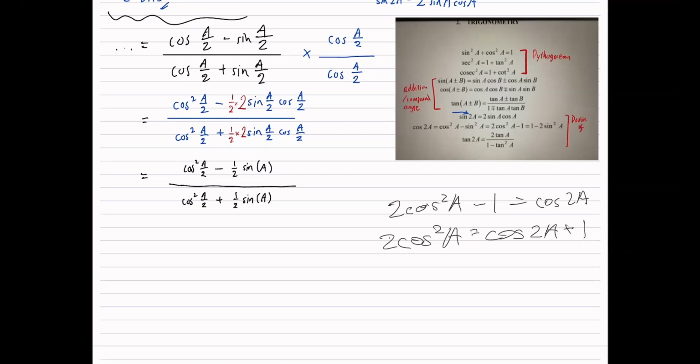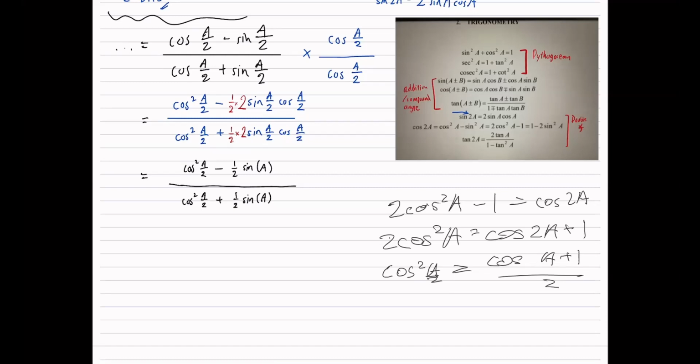Yep, correct. 1 plus cosine, the order doesn't matter, 1 plus cosine plus 1, same thing. Then finally divide by 2, right? And while you're at it, how about you change the cosine square A to cosine square A over 2 instead? Then everything divides, it's A.